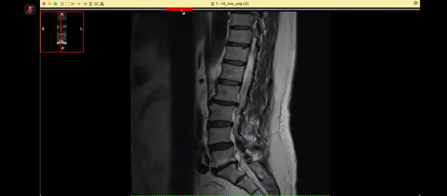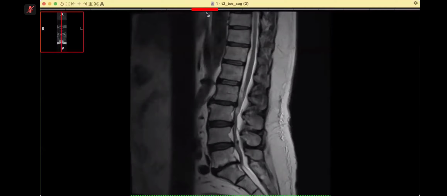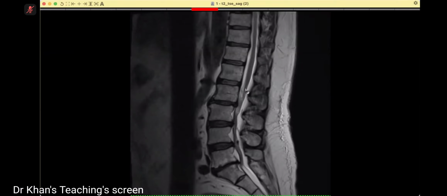So basically, what you have described, what do you think is happening? Sir, there is something sitting which is intradural, and it is related to the conus of the cord. So where is the cauda equina? You know, the nerve roots. Where are they?